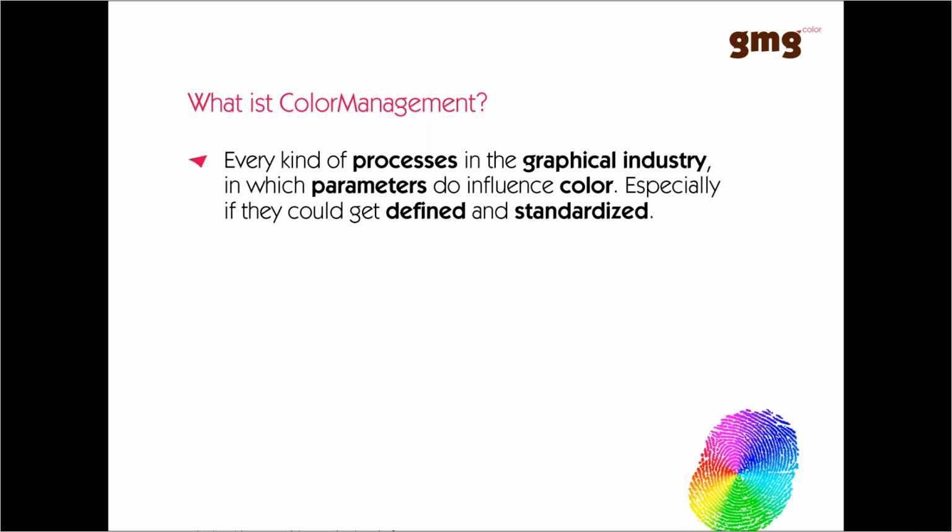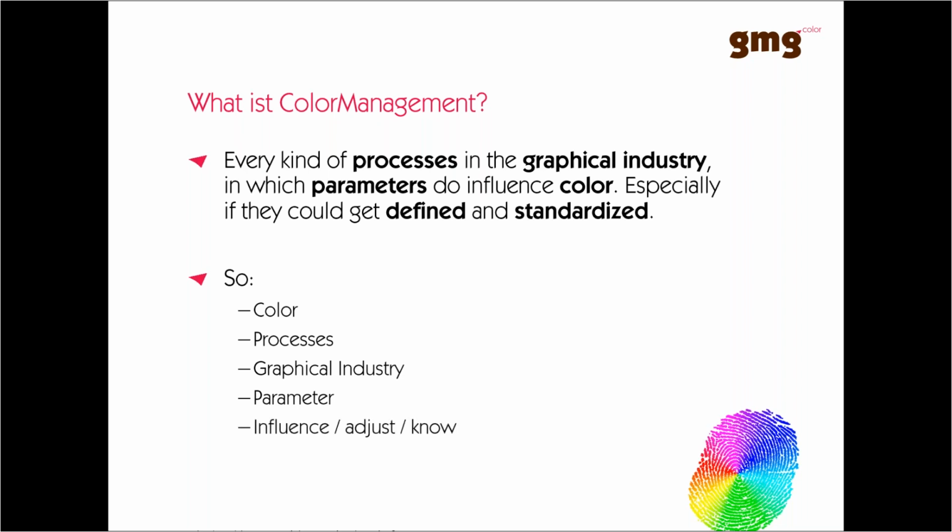There are parameters out there which we simply cannot handle and control, like the weather, but there are some others that we can, and here it's really important that we define and standardize all these processes and parameters. So in other words: graphical industry, processes, color, parameters, influence, adjust, and to know.